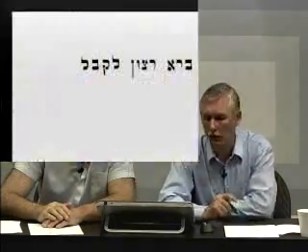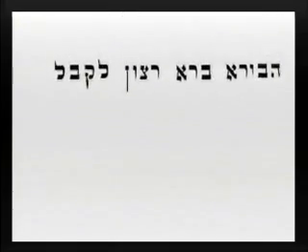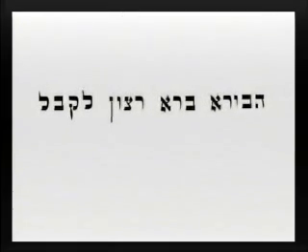We're going to remind our friends about this one. Habore bara ratzon lekabel. I hope it's already written down with you. It means the creator created the desire to receive. Habore is the creator, bara created, ratzon desire, lekabel receive or to receive. Now it's better, right?